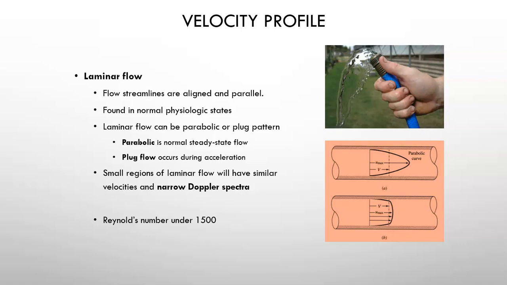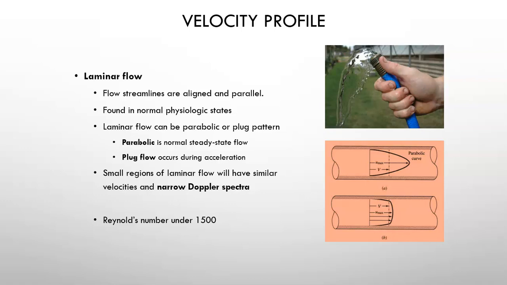There's something called a Reynolds number, and that is a number that indicates whether or not something is turbulent or laminar. If it's under 1500, it's laminar flow. So that's kind of how Reynolds number works, is under 1500 it's laminar flow.